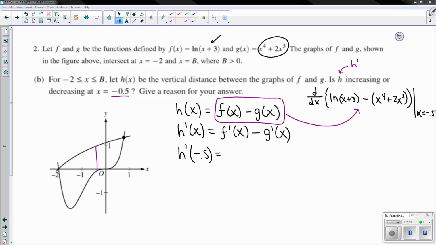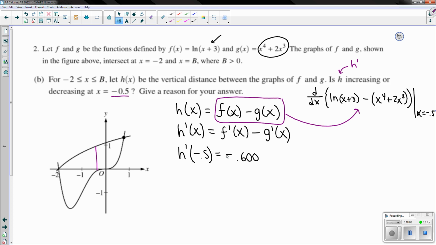And that output value is going to be -0.5999, and it goes on for a few, so to round to 3 decimal places, I'm going to write -0.600. So now that we've gotten the output at -0.5 for our derivative, we can now give our answer.